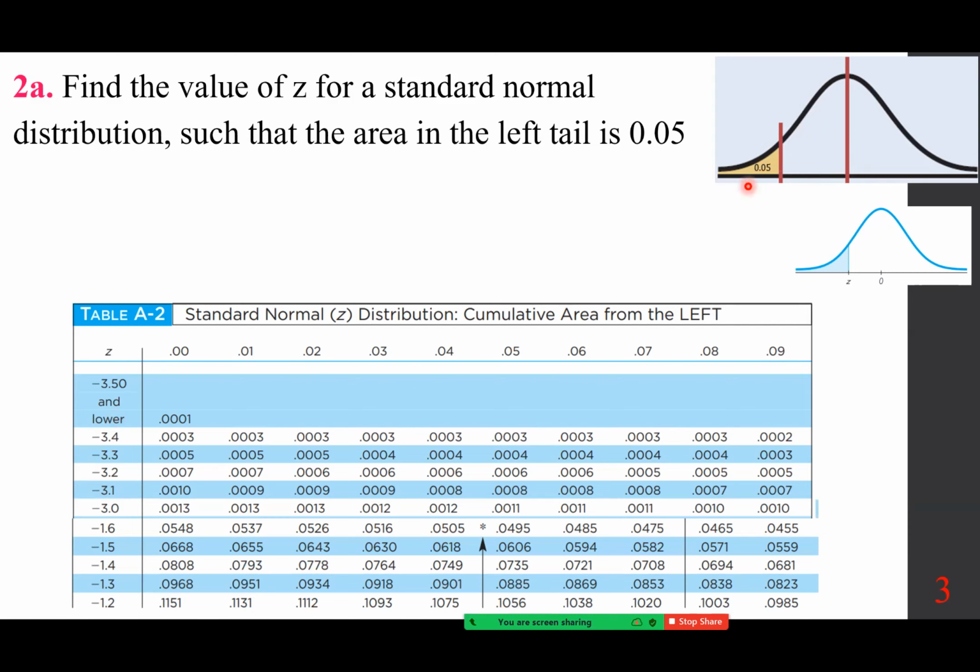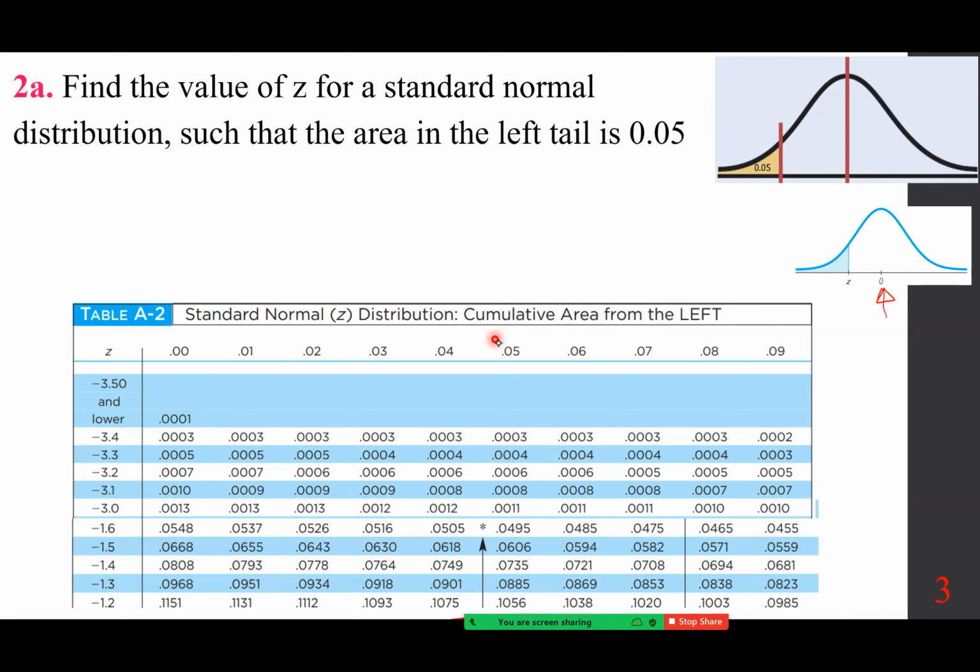Clearly, it's on the left side of zero. That's why we can use the negative z-scores.